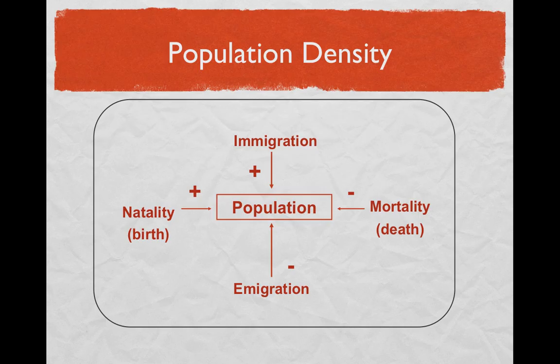You're going to have individuals moving in while individuals are dying, and individuals being born while you've got emigration going on. So when we talk about population density, you're really talking about a moment in time. And that density can change from one moment in time to another, and that's when we can start talking about population growth or even decrease, and what does that look like over time.